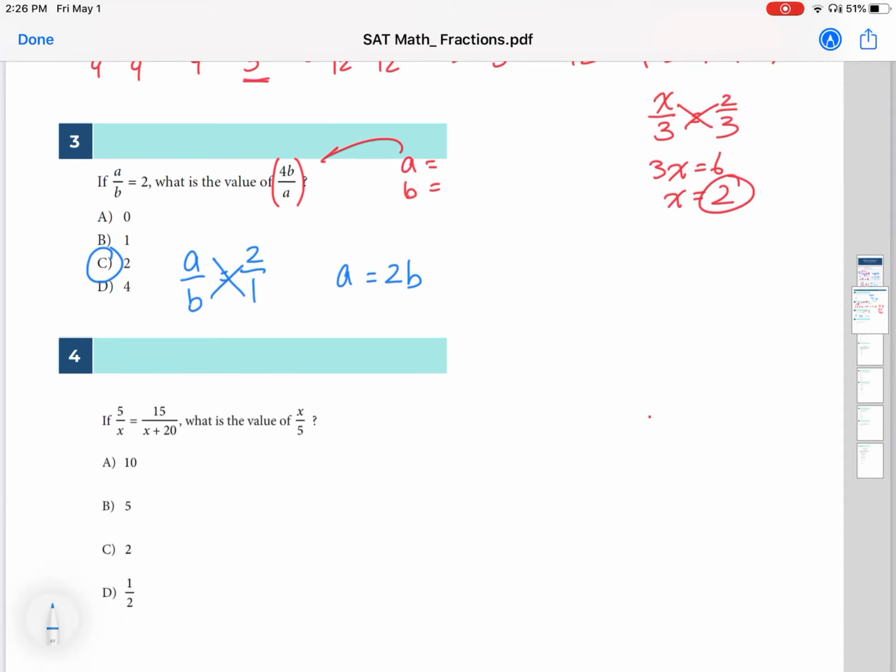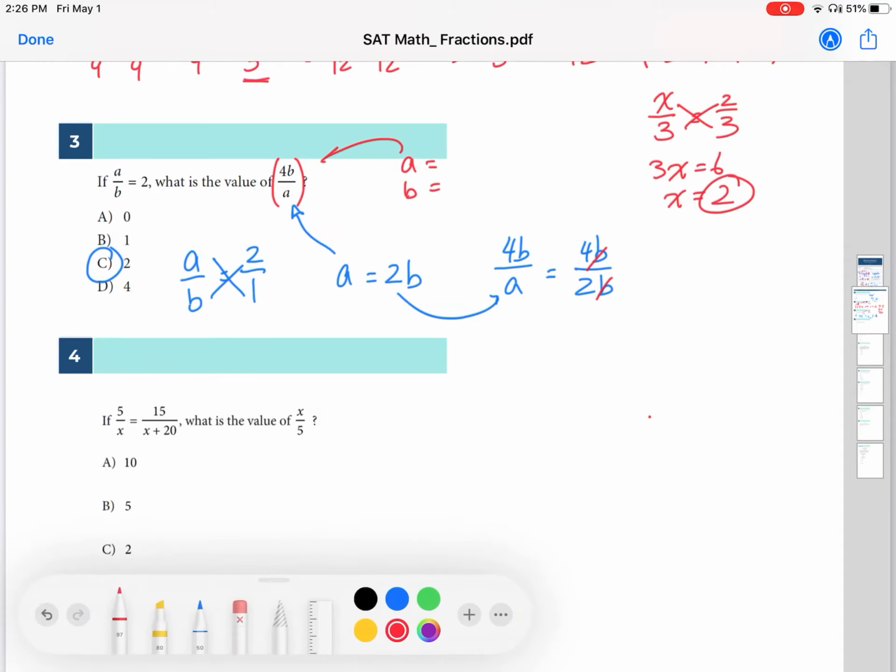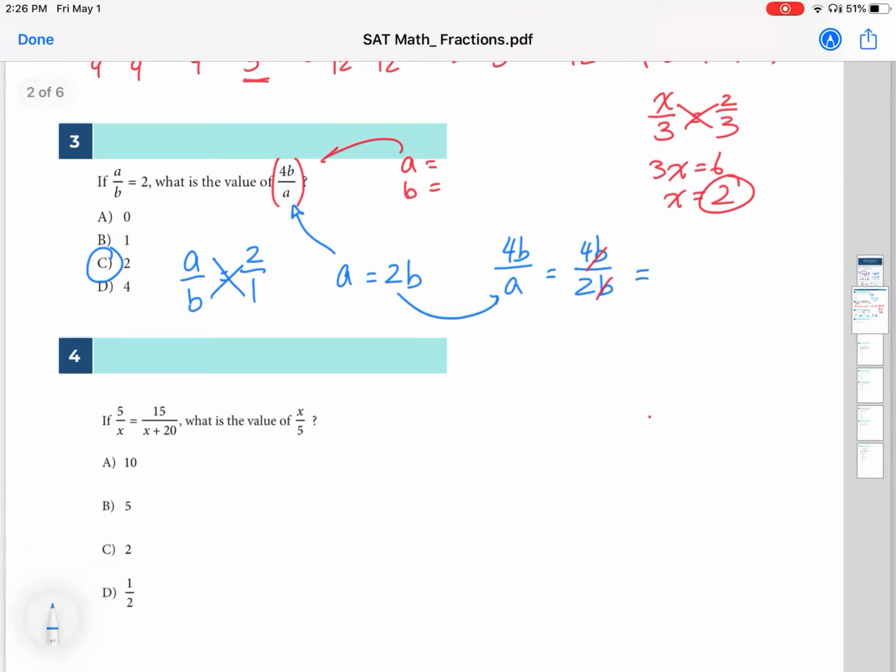I can then use that and substitute it into the expression they want me to solve. So 4b over a now equals 4b over 2b. Conveniently, my b's cancel out, and 4 divided by 2 is, once again, 2. So double check my answer, solve the problem 2 different ways. They both worked.